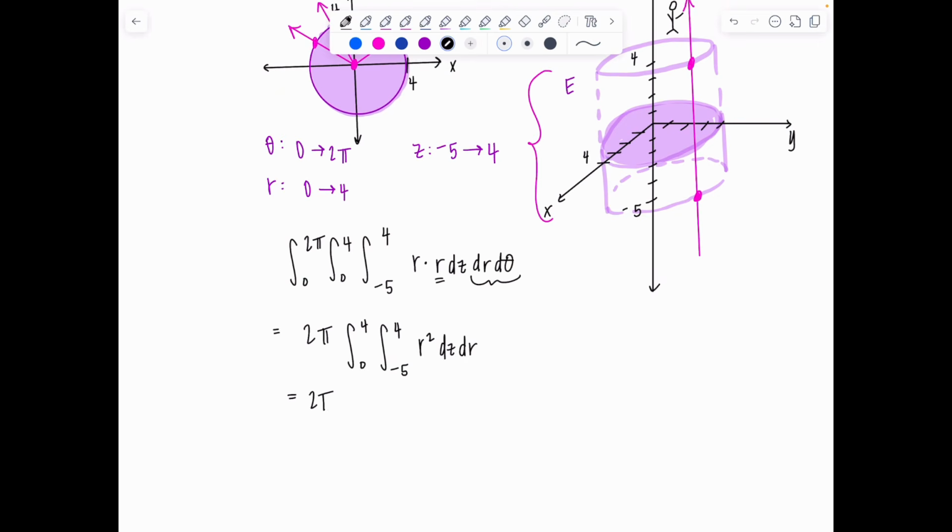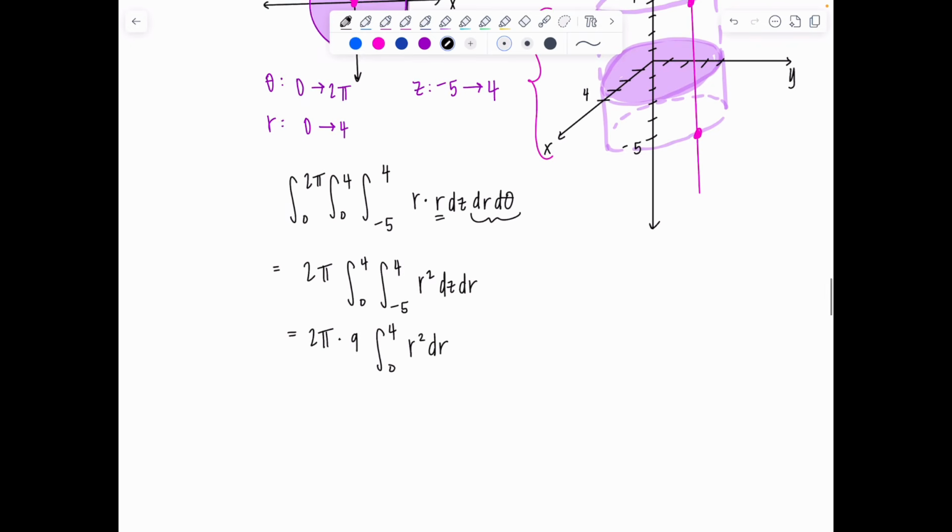So we've got 2 pi times 9 times the integral from 0 to 4 of r squared dr. That's 18 pi times 1/3 r cubed, evaluated from 0 to 4. 18 pi over 3 is 6 pi, times 4 cubed minus 0 cubed. And this gives us 384 pi.